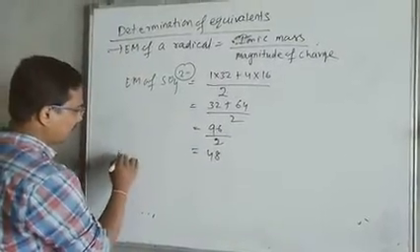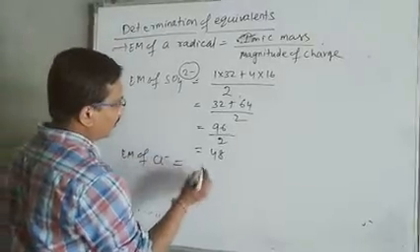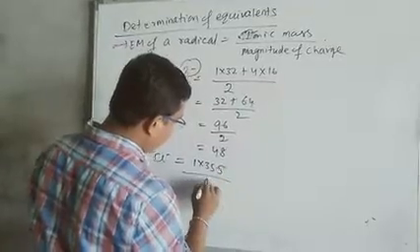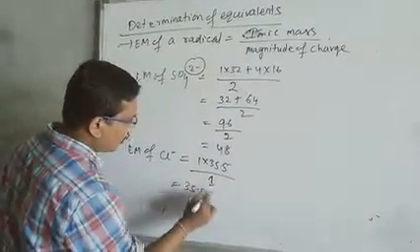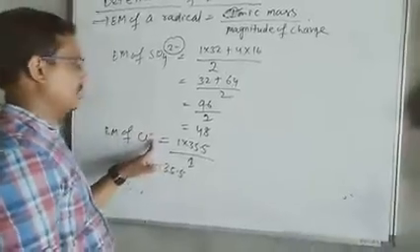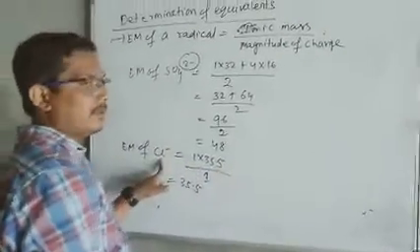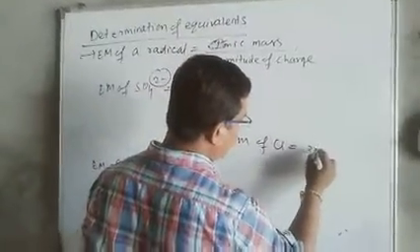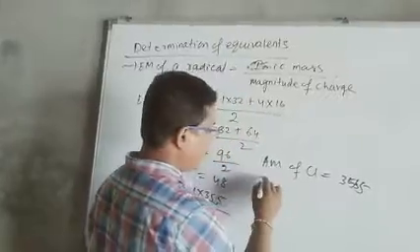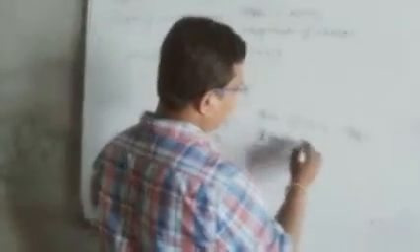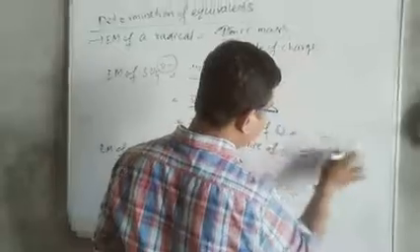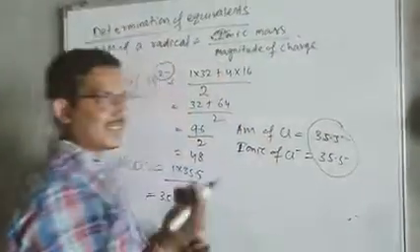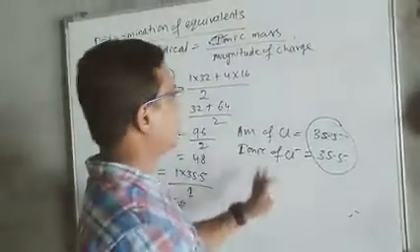Like that, the equivalent mass of Cl minus is 1 into 35.5 divided by 1, that is 35.5. Here 1 is the magnitude of the minus 1 charge and 35.5 is the atomic mass. Remember, the atomic mass of chlorine is 35.5, and the ionic mass of Cl minus is also 35.5. There is only a slight difference, but for problems we can consider them the same.